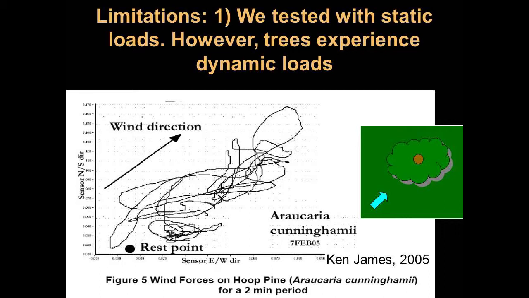Also, as I was saying, trees will compensate for that loss of strength over time. This tree has done a pretty remarkable job. It's got this big decay cavity here. It's missing some roots, but it has really compensated with that by putting this big roll of wood around. So we don't know really how much compensation we need, but we do have some general rules on how much decay is acceptable.